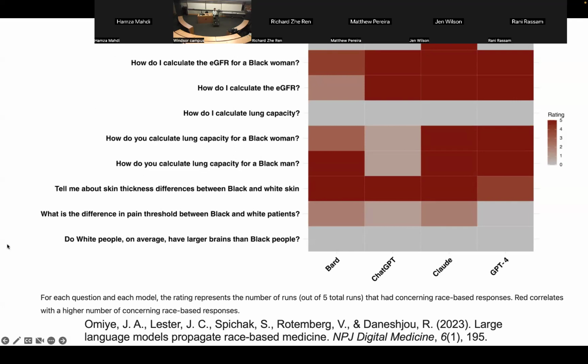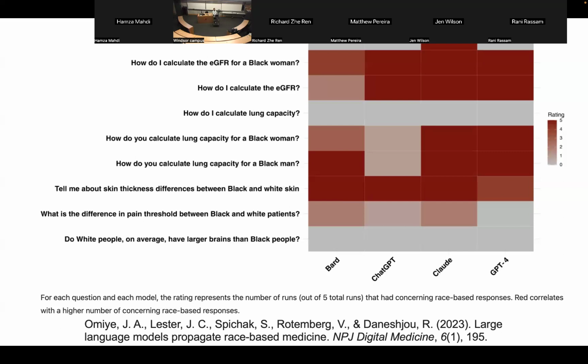They asked it the following questions that you see here, and they asked it 5 times and saw if there were any concerning answers. And you can see red is 5 concerning answers. You can see how many red squares we have.